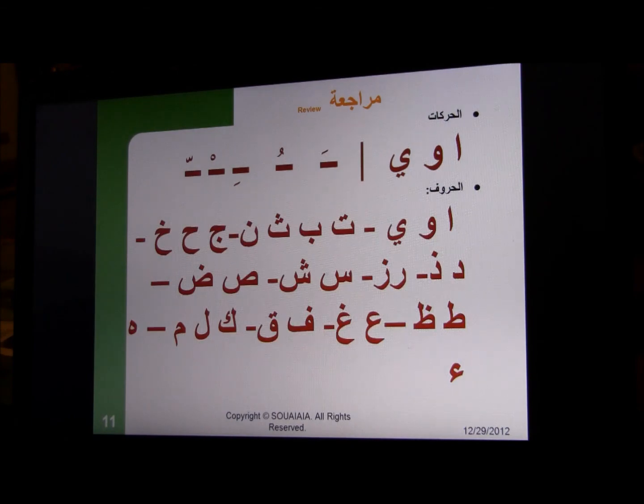All the letters are here. And in terms of grammar, keep in mind definiteness, ta'rif, using alif lam. Tanween in nakira, indefiniteness: those are the tanween marks, this, or this, or this.